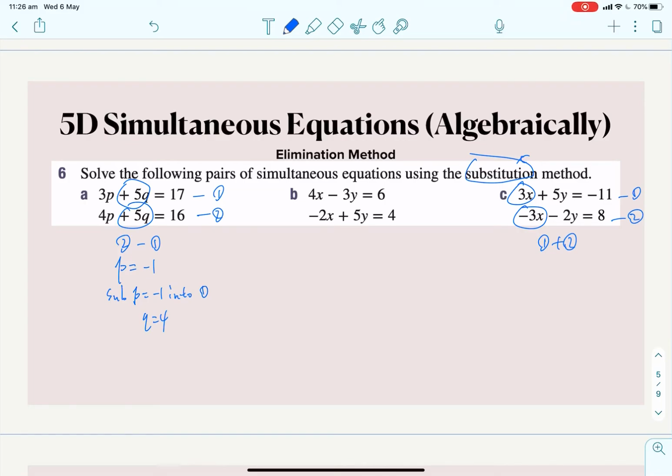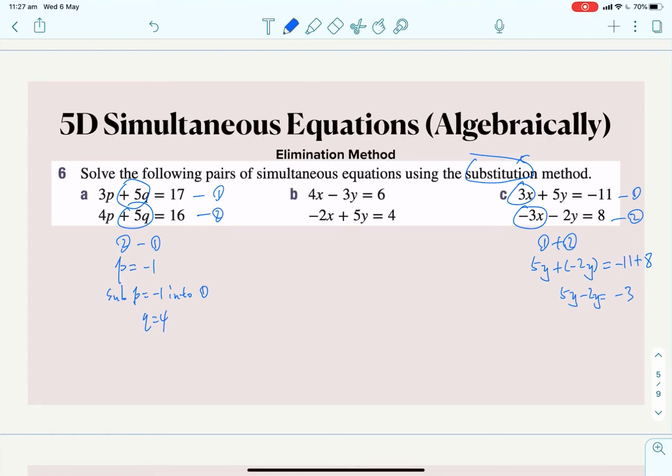The first term cancels each other out. The second term, 5y plus negative 2y equals negative 11 plus 8. Yeah, now plus minus becomes minus. So it's 5y minus 2y equals negative 11 plus 8 is negative 3.